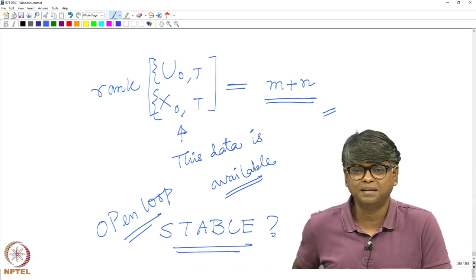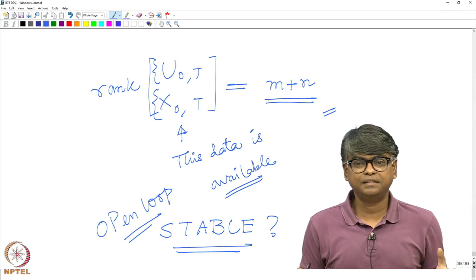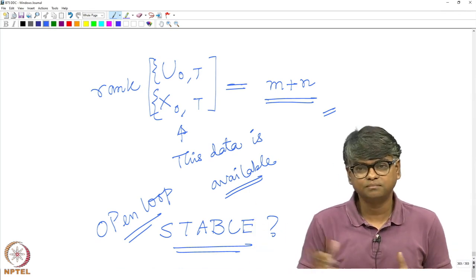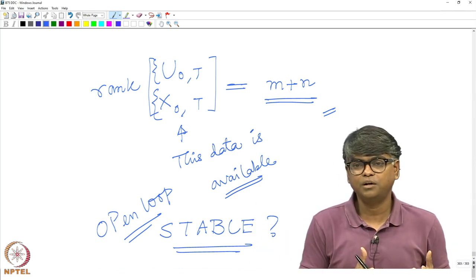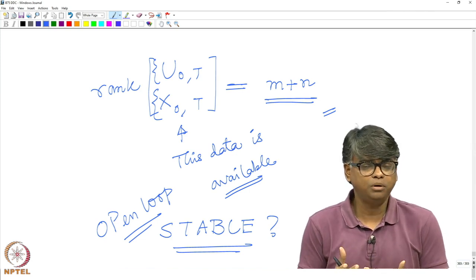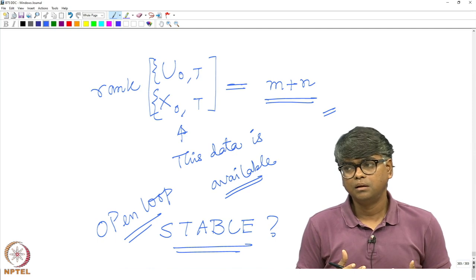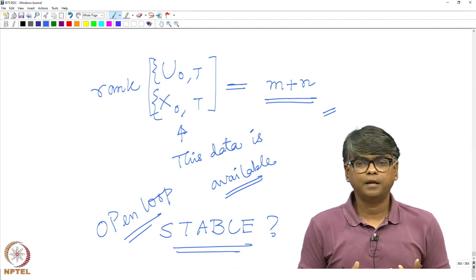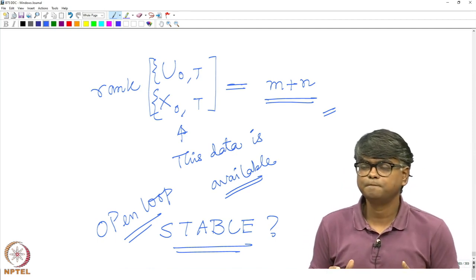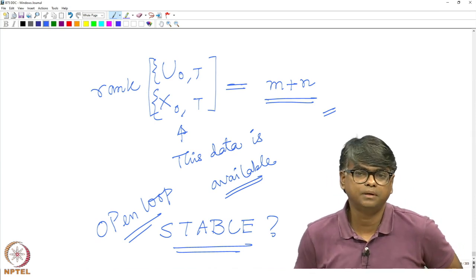How do you even answer that? Think about this, I have a finite time series data and stability requires you to find out what happens to the state trajectories if there is 0 input, but non-zero initial conditions. Is it true that for arbitrary initial conditions the trajectory that you get dies down to 0 as t goes to infinity?